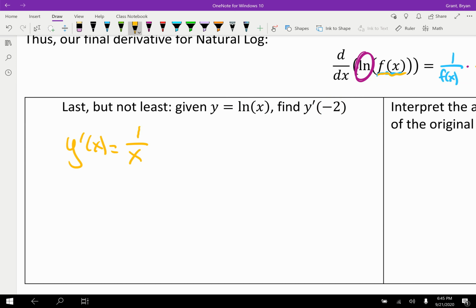All right, good so far. And then y prime of -2 is, of course, 1 divided by -2. Honestly, I should have done this better. I should have said it's the derivative of what's inside times the derivative of what was inside. And technically there should be a times 1, but we don't need to write that. So either way, y prime of -2 is -1/2. Cool.